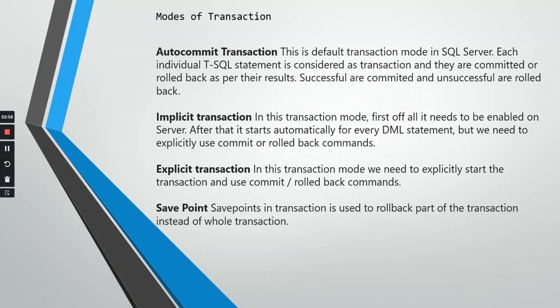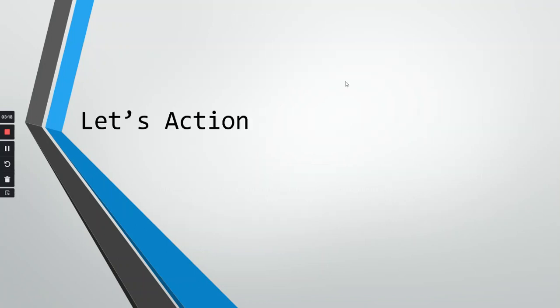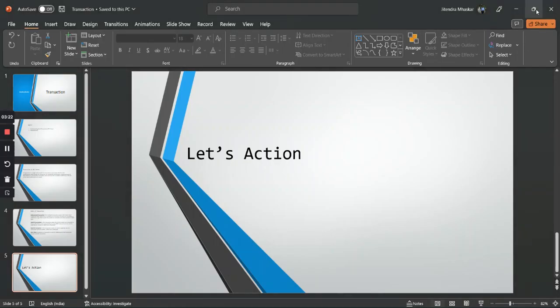So you don't have to undo everything. This depends upon the business requirement and business logic, but there is an option to create a save point and to roll back only until that save point.